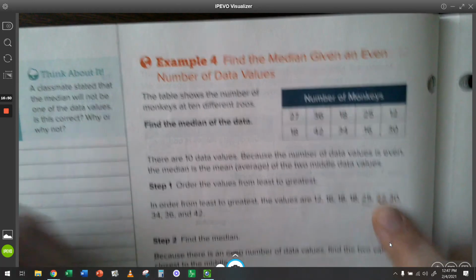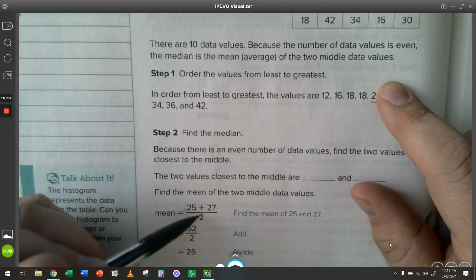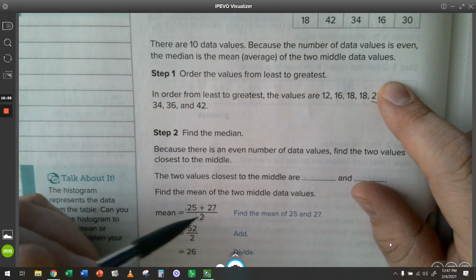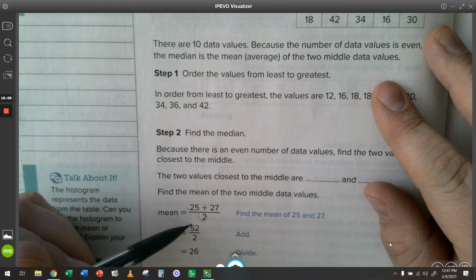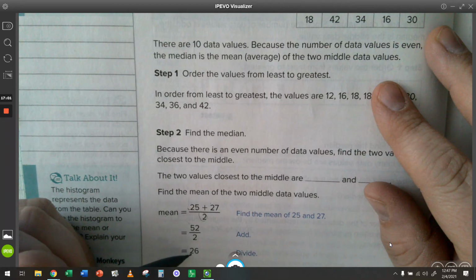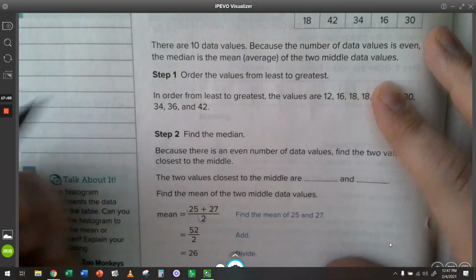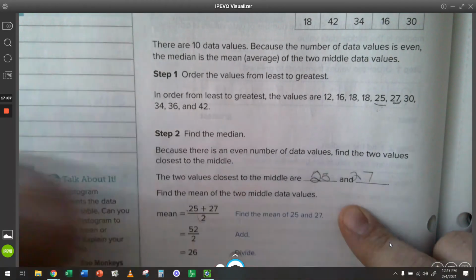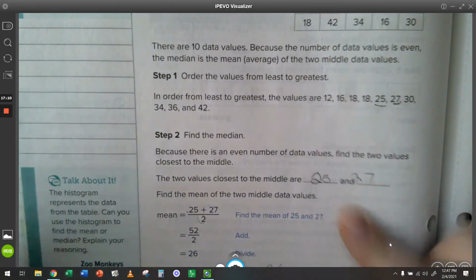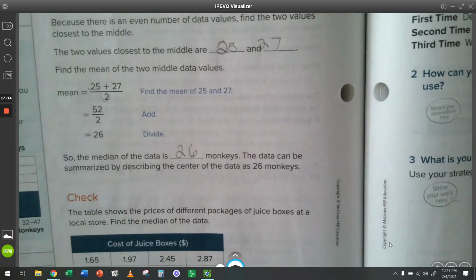We would add them together, 25 plus 27, and then divide by 2 because there's only 2 values. 25 plus 27 is 52. Divided by 2 is 26. The two middle are 25 and 27, and our average, then, our median, is 26.